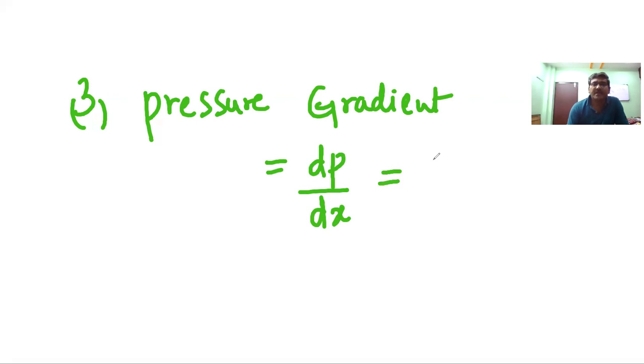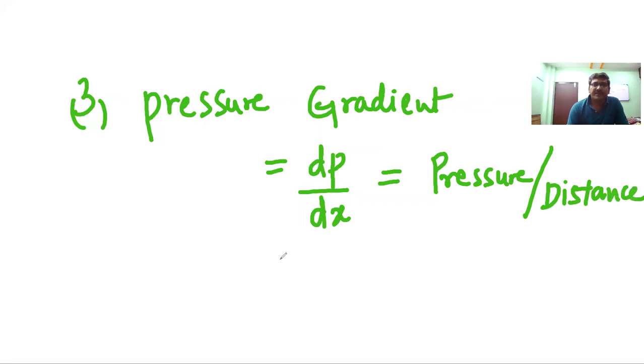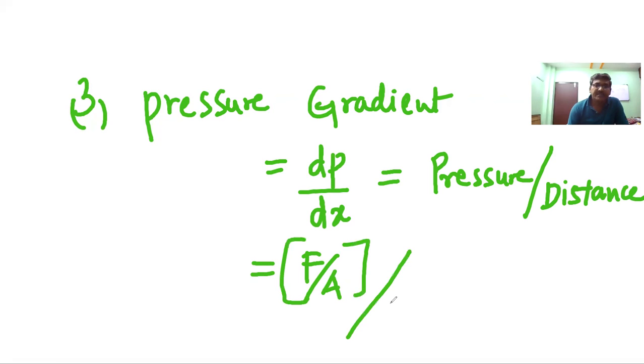Simply we can write pressure by the distance. That is the definition. What is the dimension formula of the pressure? Pressure is force by area, normal force by area. Distance is length, L dimension.